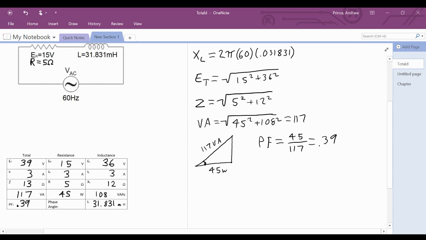or 39. Now with these sides of the triangles, I have my adjacent and my hypotenuse. I could also find that angle very easily using cosine. So cosine of theta would be the adjacent over the hypotenuse, which would be inverse cosine 45 divided by 117, which would give me a phase angle of 67.38 degrees.